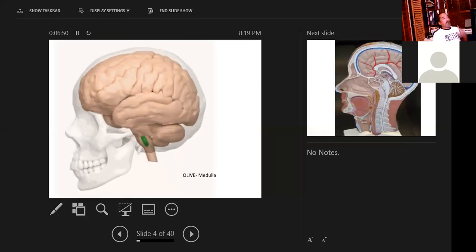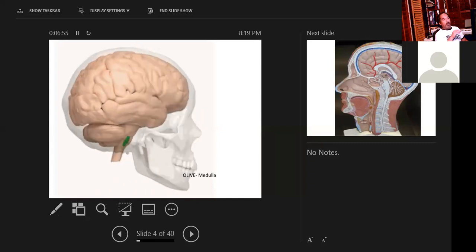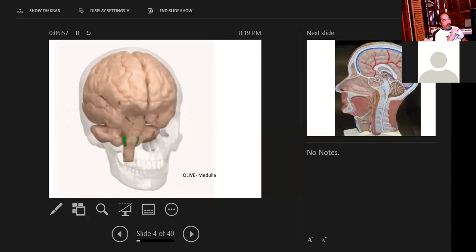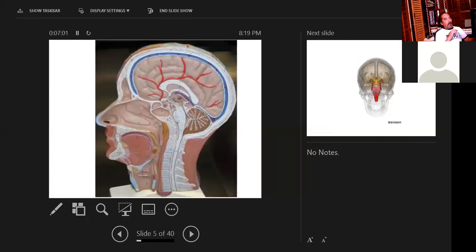Now this picture, I'm looking at it from the side, and it's the medulla oblongata. That is called the olive of the medulla. The green structure is the olive of the medulla. Again, the same things that we looked at are the same structures here: corpus callosum, fornix, septum pellucidum inside the lateral ventricle, and then the gyrus here is called the cingulate gyrus.